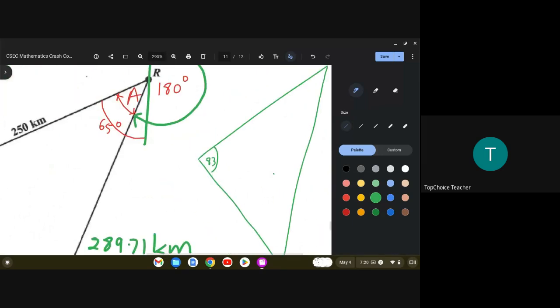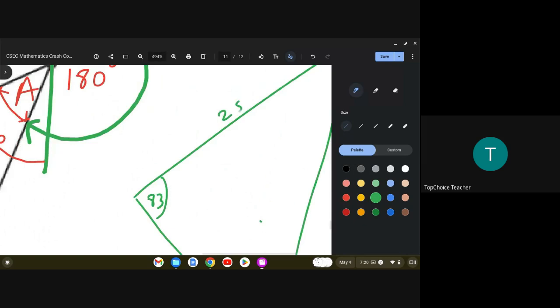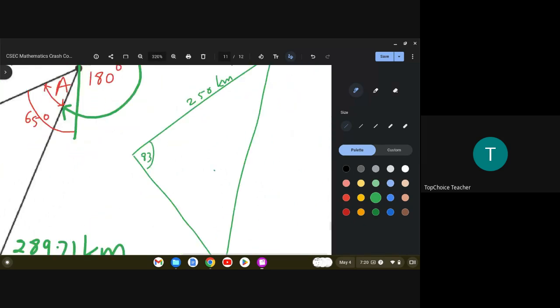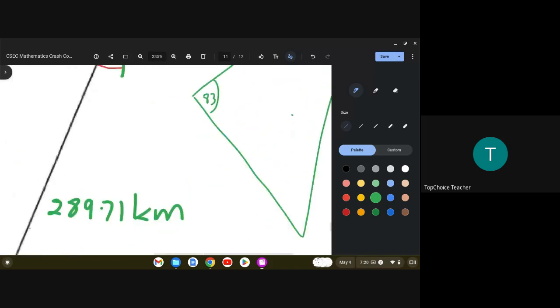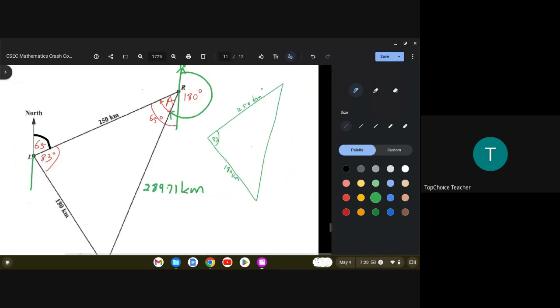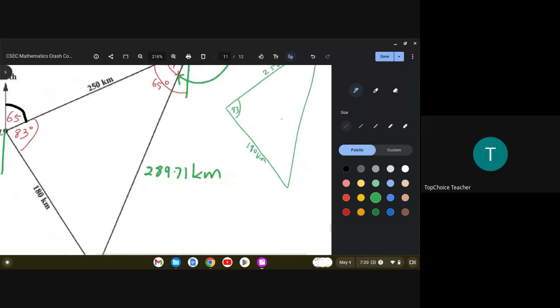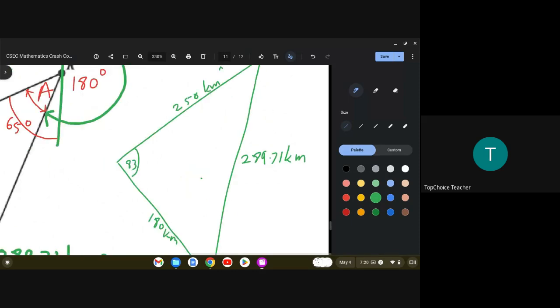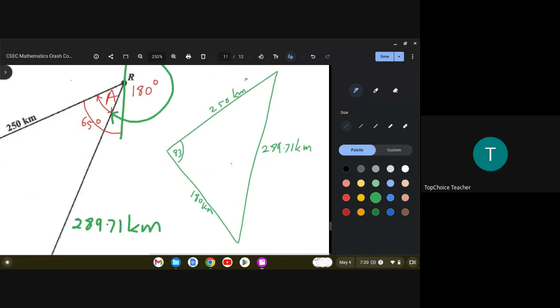We know this side is 250 kilometers. We know down here is 180 kilometers. And we know this side is 289.71 kilometers. That's what we just got. What was the condition we need in order to use the sine rule?